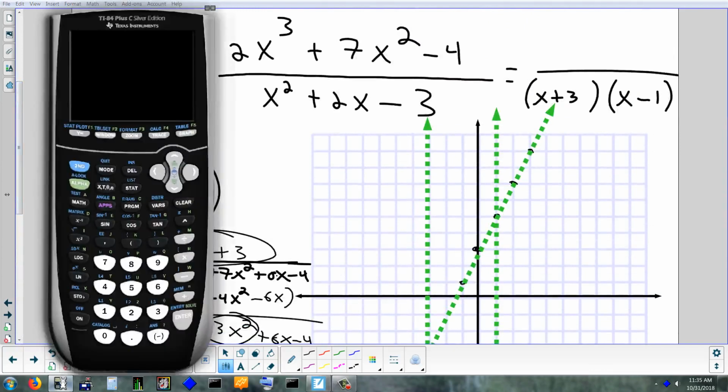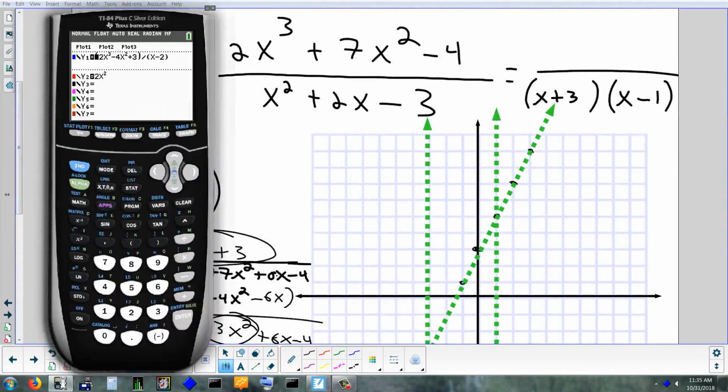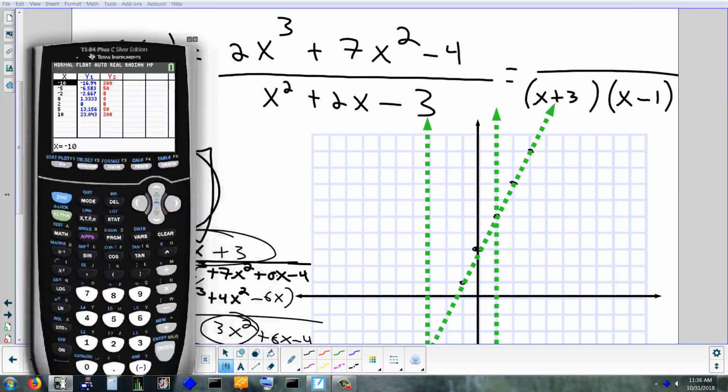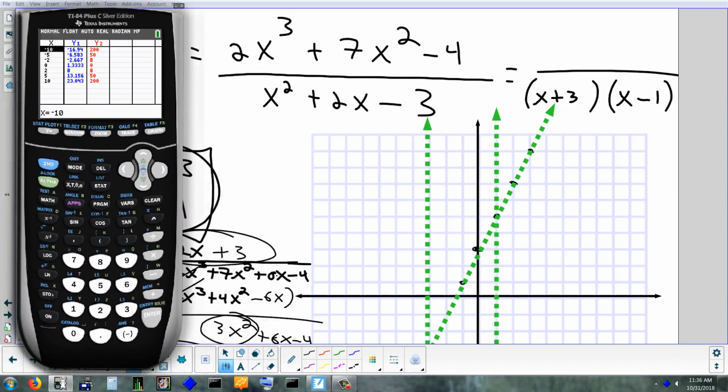Okay, so if I haven't typed it in, I need to type it in. So 2x cubed plus 7x squared minus 4 divided by, that all needs to change, x squared plus 2x minus 3. Okay, what's a value that's really close to negative 3, but just a little smaller?